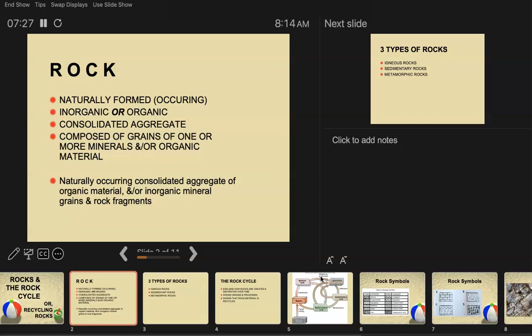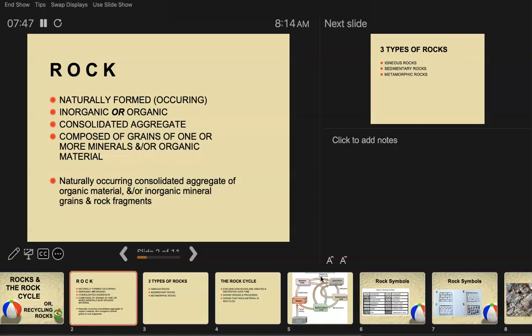consolidated aggregate, that just means bringing a whole bunch of stuff together. Consolidate means consolidate. An aggregate is a group of things. And so we're defining that in the next bullet there. Grains of one or more minerals and grains of organic material. Sometimes you get a mixture of both.